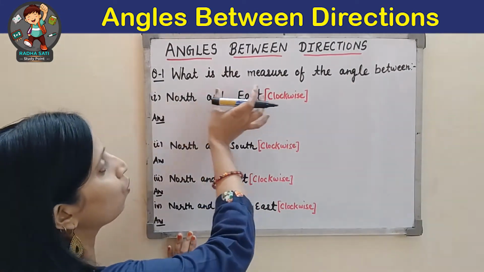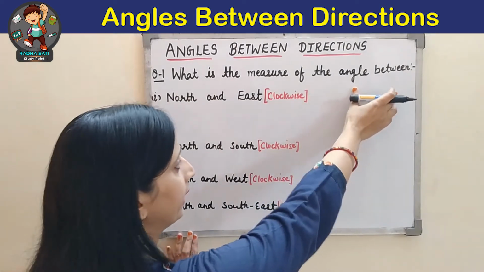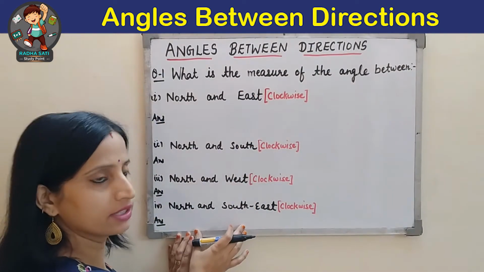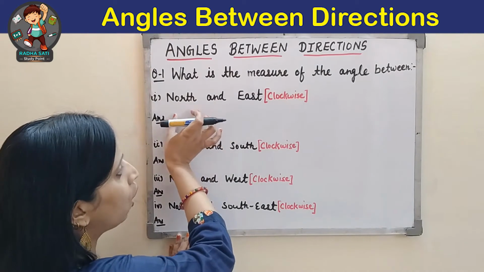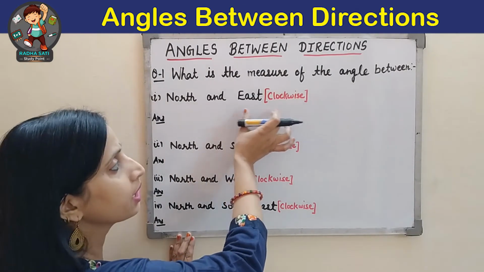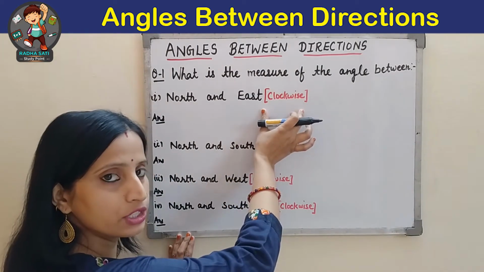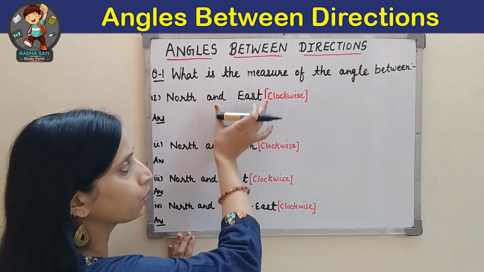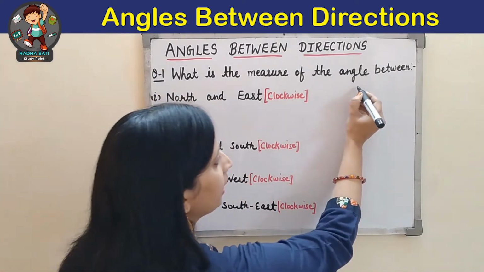The question is, what is the measure of the angle between these given directions? The first is north and east, and the rotation is given as clockwise. First of all, to solve these types of questions, draw the directions.